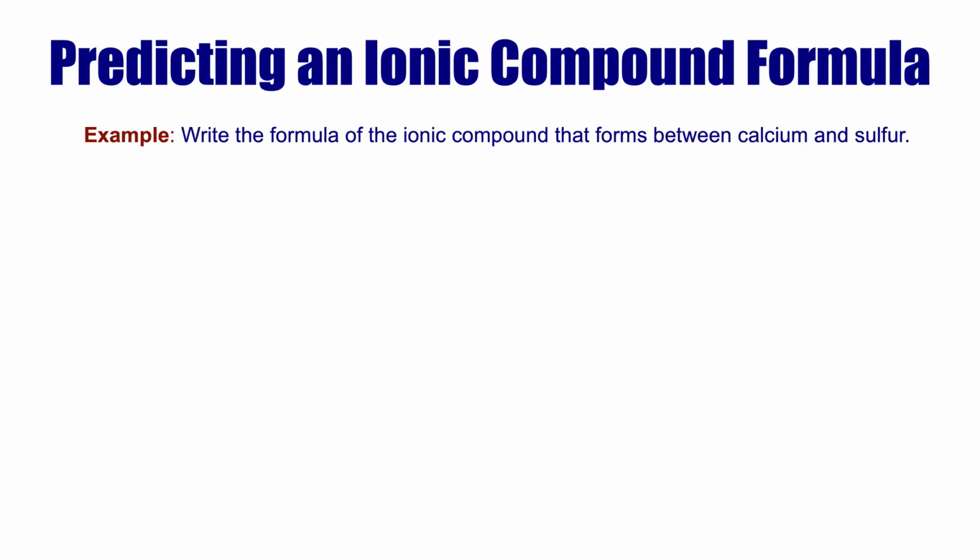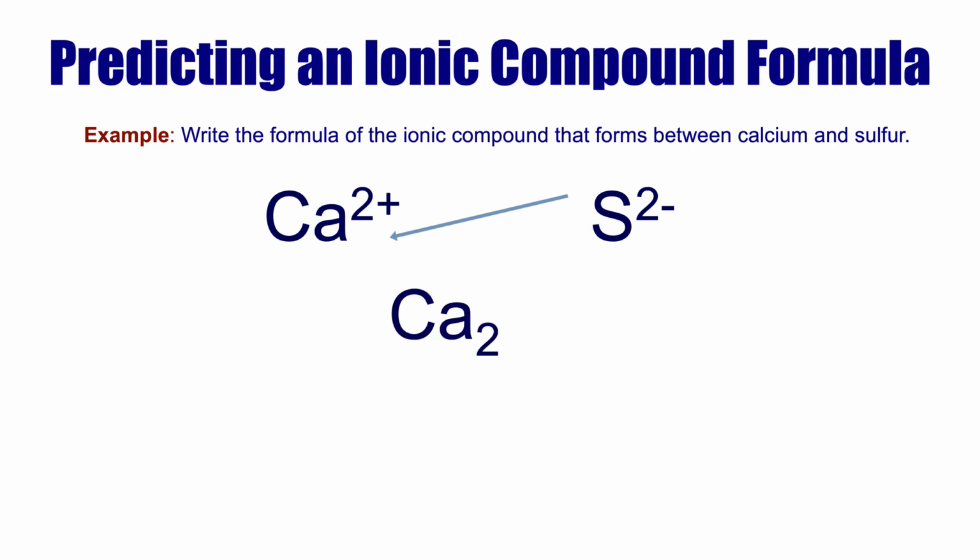My next example is write the formula of the ionic compound that forms between calcium and sulfur. Once again, I'm writing the cation on the left, the anion on the right, and I use that crisscrossing method to figure out the subscripts. So I can figure out that calcium needs to have a 2 next to it as its subscript, and then I can figure out that sulfur needs to have a 2 next to it as well in that formula unit.